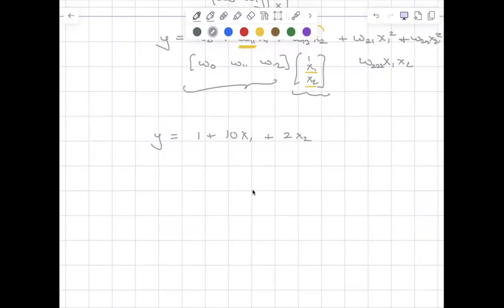So in that sense, x1 has 5 times a bigger impact on the output than x2 does. Does that make sense?